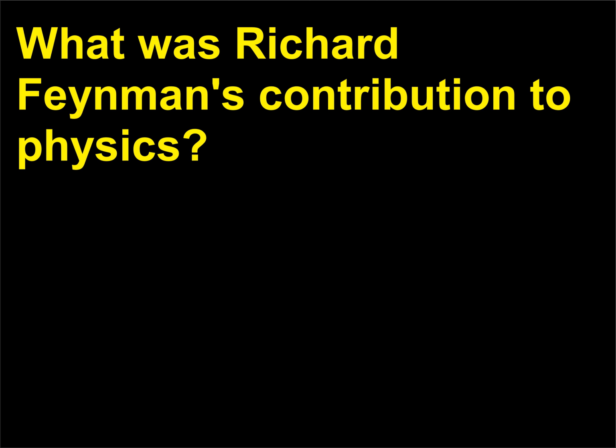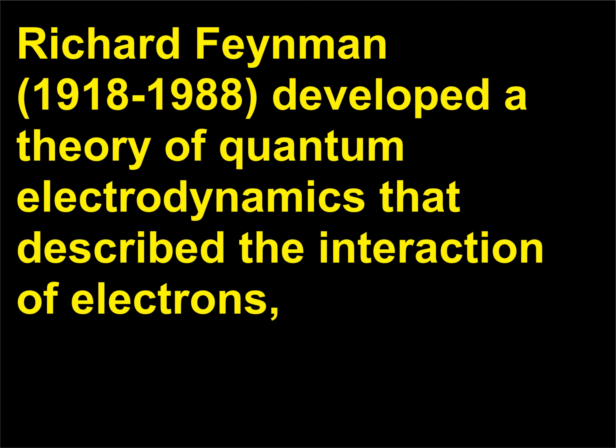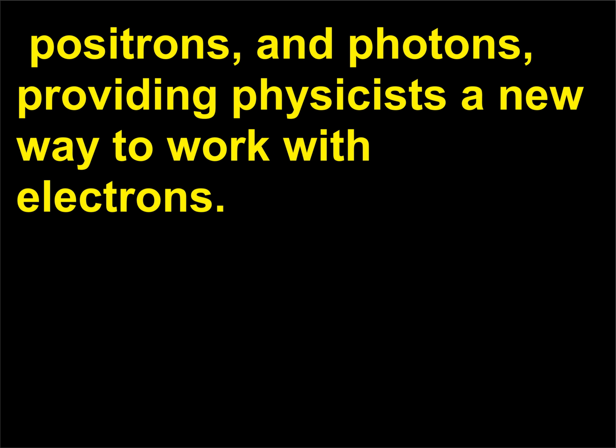What was Richard Feynman's contribution to physics? Richard Feynman, 1918 to 1988, developed a theory of quantum electrodynamics that described the interaction of electrons, positrons, and photons, providing physicists a new way to work with electrons.